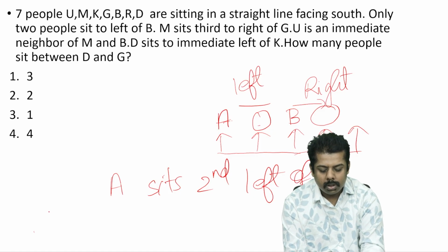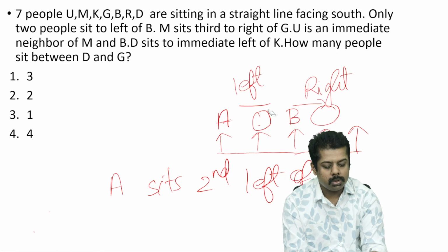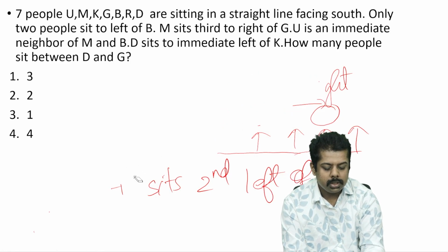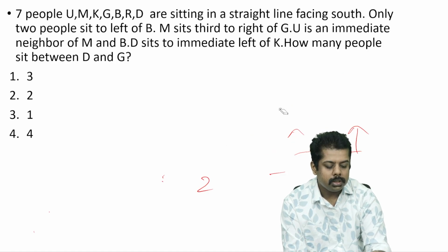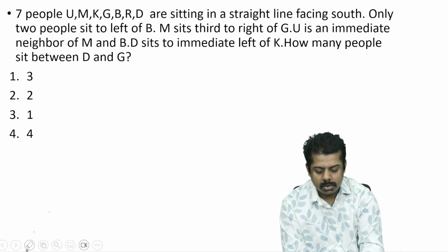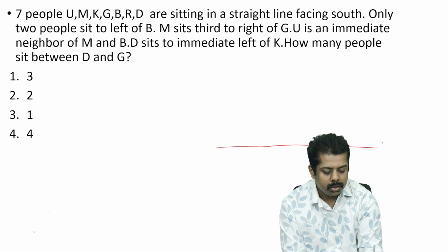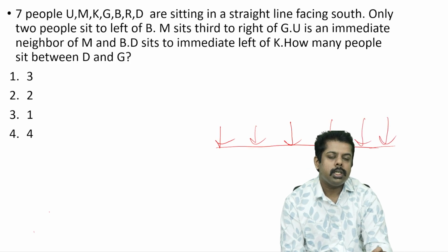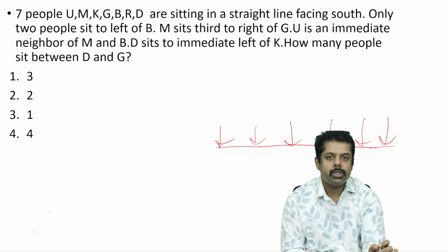Now moving to the next scenario, that is facing south. We can discuss that as well, and then the questions. If there are 6 persons in total and they are facing south, the right and left change.